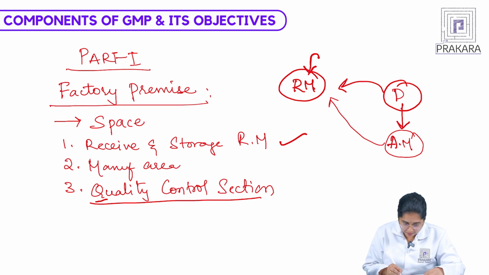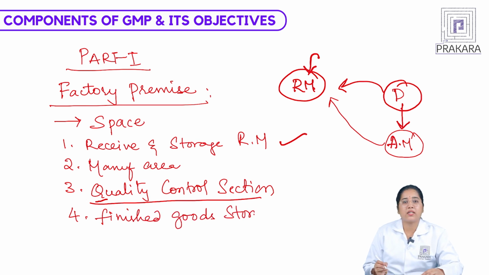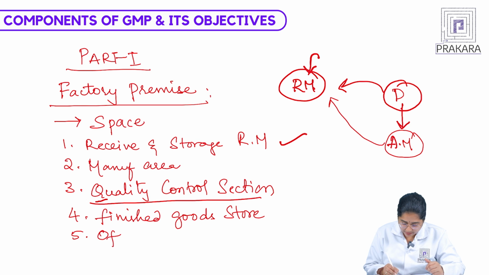Then the fourth one is the finished goods store. After finishing, there is also one special area where the finished products should be stored. Then the fifth one, the office, should be maintained for dealings of any export and import of the products. And the sixth one is the rejected goods.